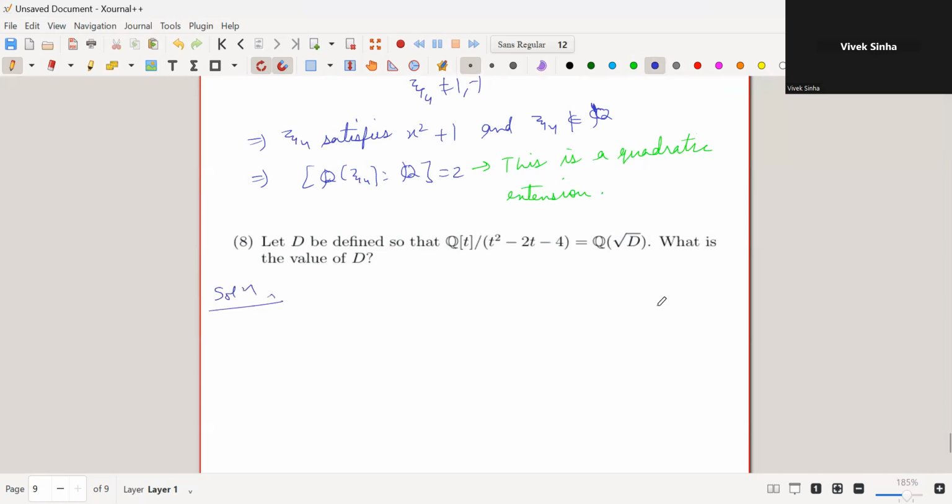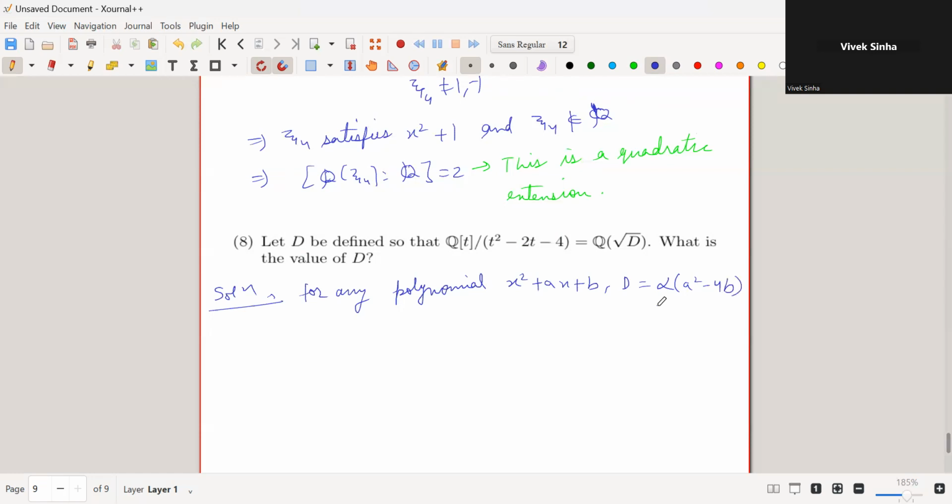So the solution for any 2-degree monic polynomial, let's say x square plus ax plus b, D is nothing but the root of t, any alpha times (a square minus 4b).